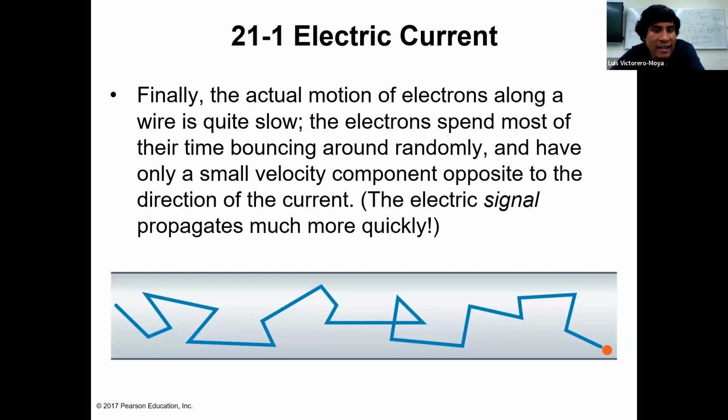Because the electric signal is governed by the electric field. When I introduced the idea of an electric field, I said that as long as you have an electric potential between parallel plates, you have an electric field in between the plates. It's the same with an electric signal. The electric signal is governed by the electric field. That's why the electric signal travels much more quickly. All right.